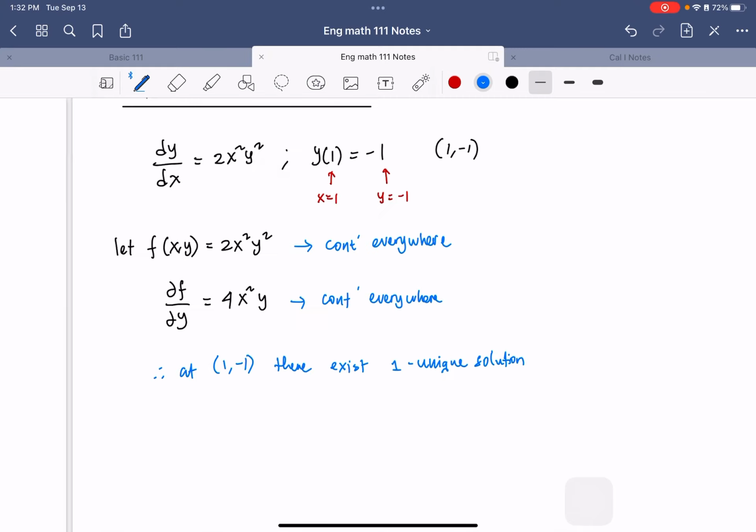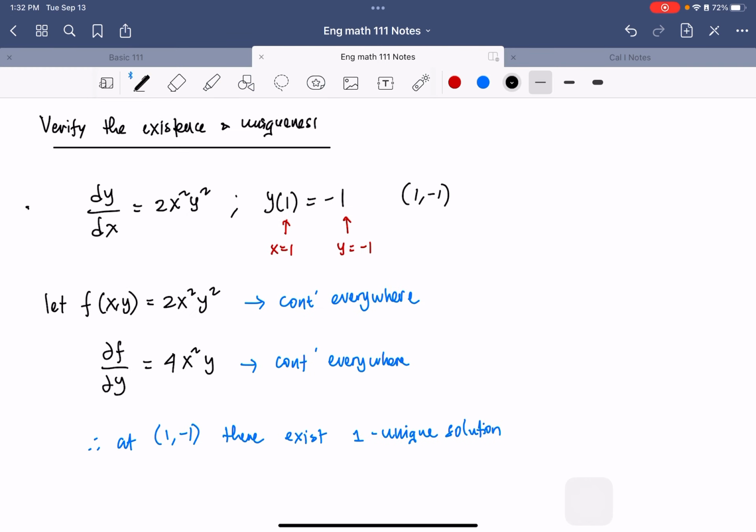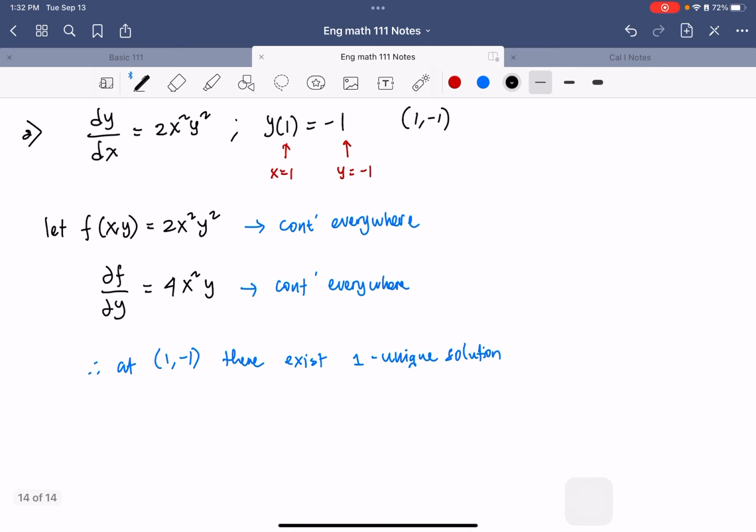Let me give you another example. So this is the first example. Second example. dy over dx is equal to x ln y, and the condition is (1, 1).